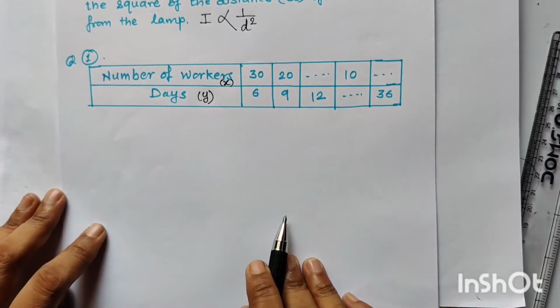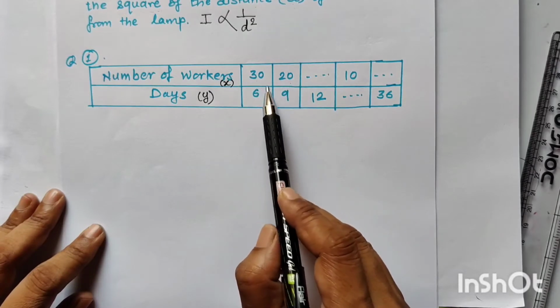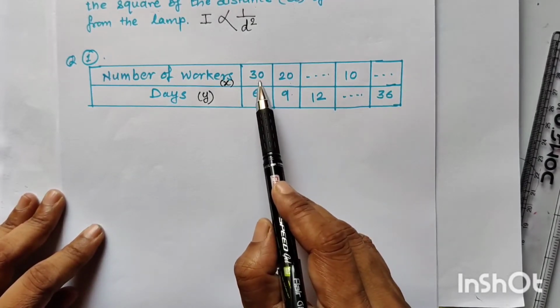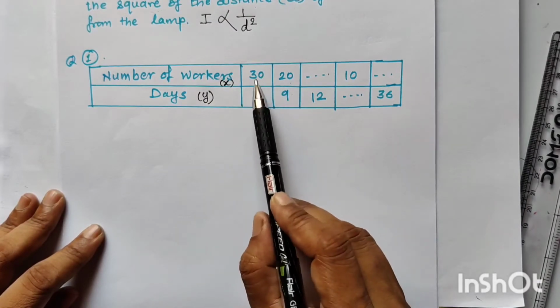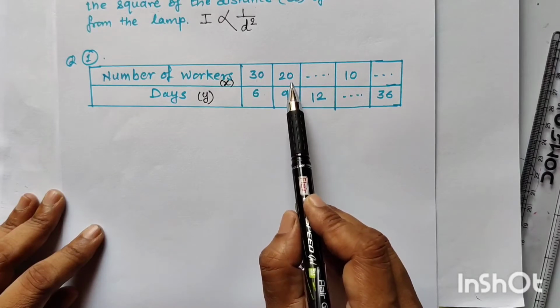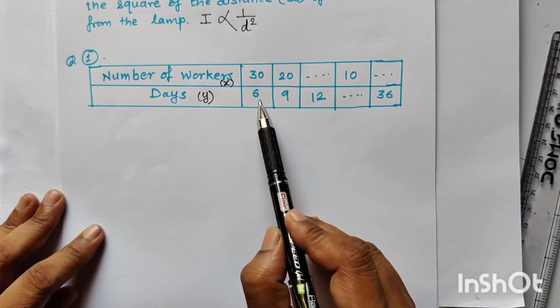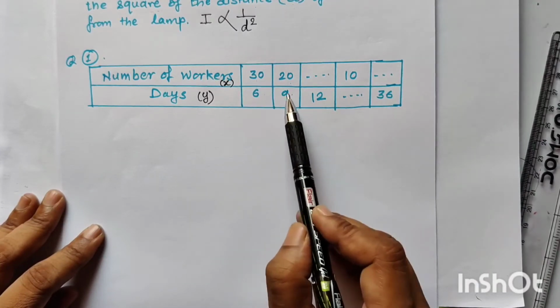Now see children, from the first two columns only you can observe that when the first quantity is decreasing, the second quantity is increasing. In the first column it is 30, in the second column it is 20. That means it is decreasing. But here in the first column it is 6 and in the second column it is 9. It is increasing.